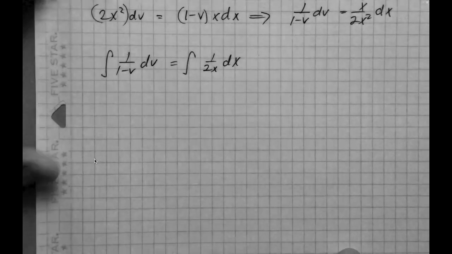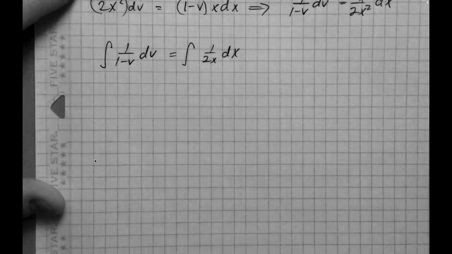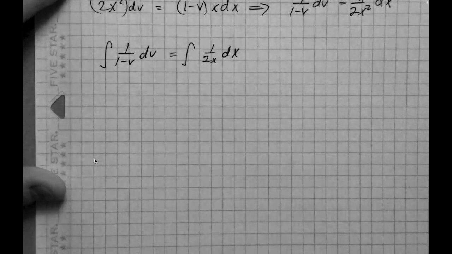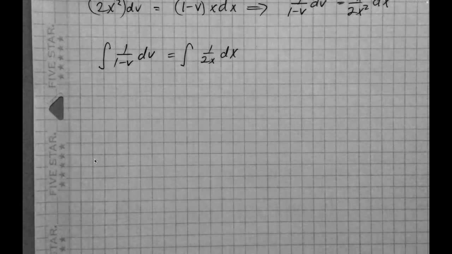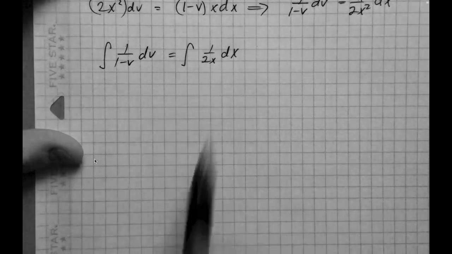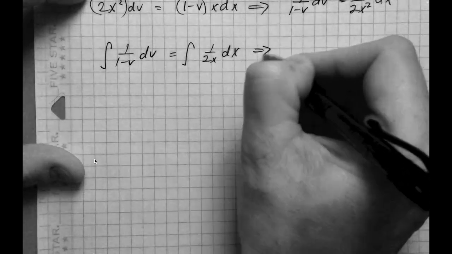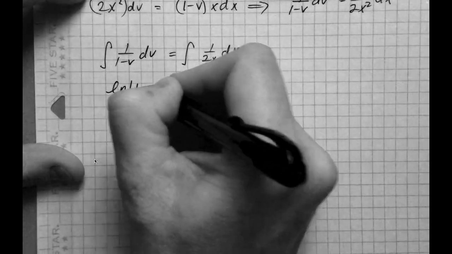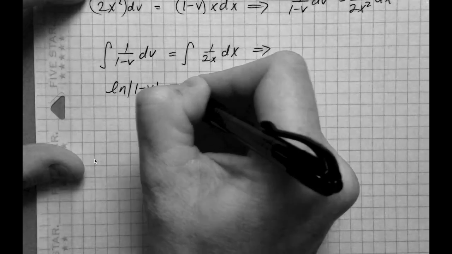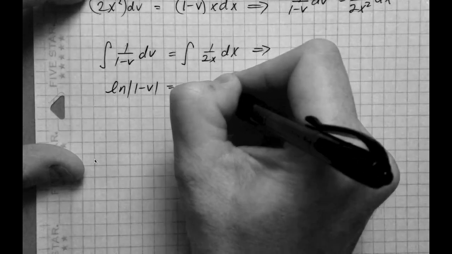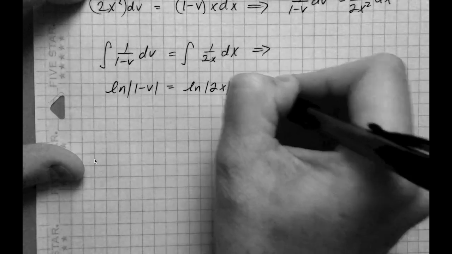All right. And so in both cases, you're going to have basically a natural log. We're going to use the natural log to do the integration in both cases. And so we get the natural log of 1 minus v is equal to the natural log of 2x plus some constant.